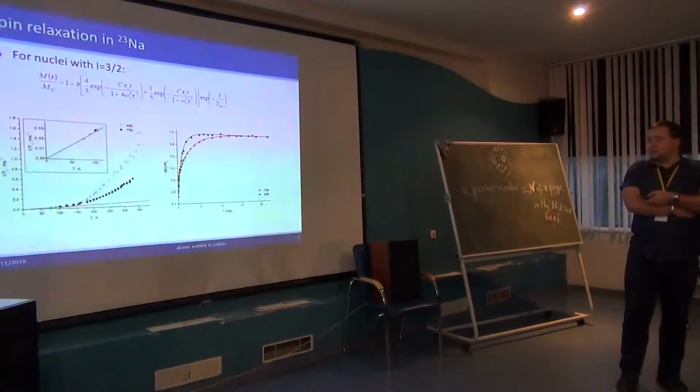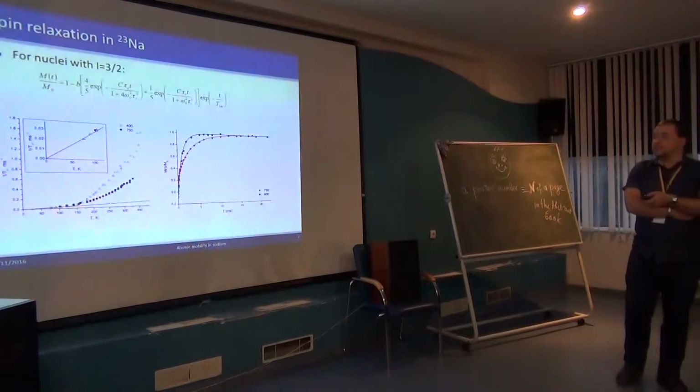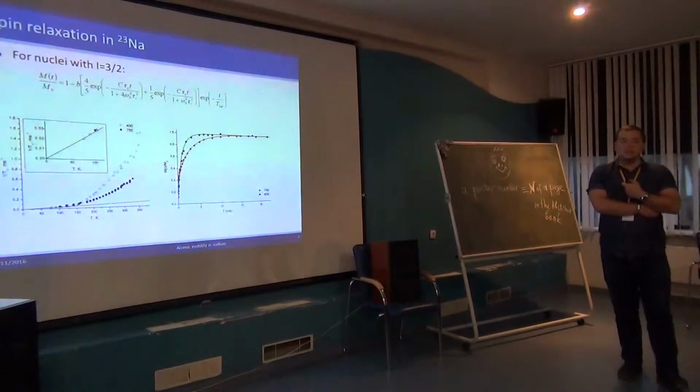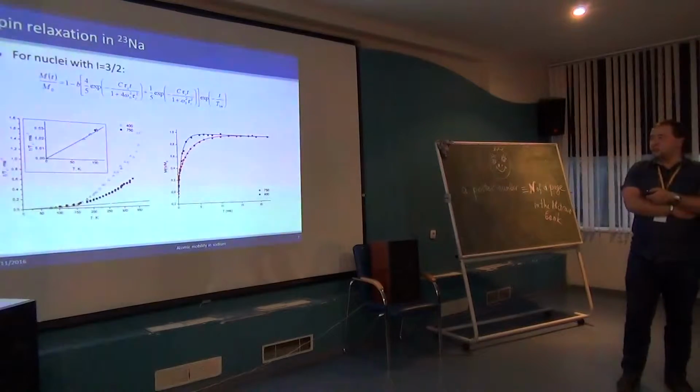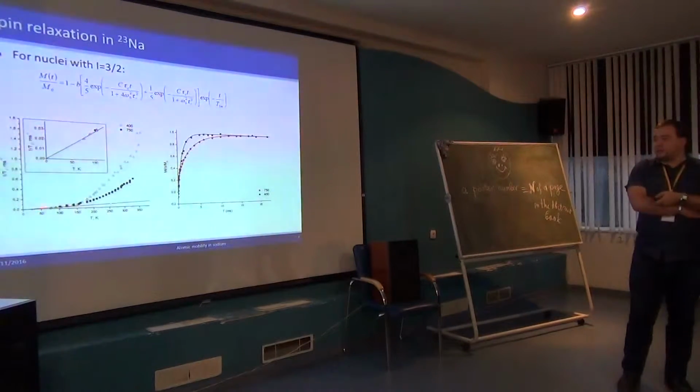There is no dependence on magnetic field at low temperatures. At high temperatures, the difference is explained by a different contribution of the quadrupole mechanism. At low temperatures, the relaxation time doesn't depend on the intensity of the magnetic field. And so here we can see that the magnetic contribution is inversely proportional to temperature.